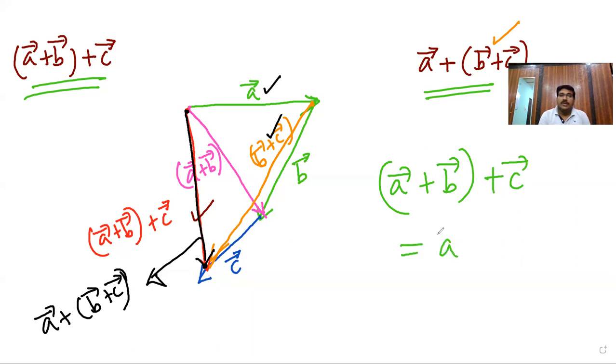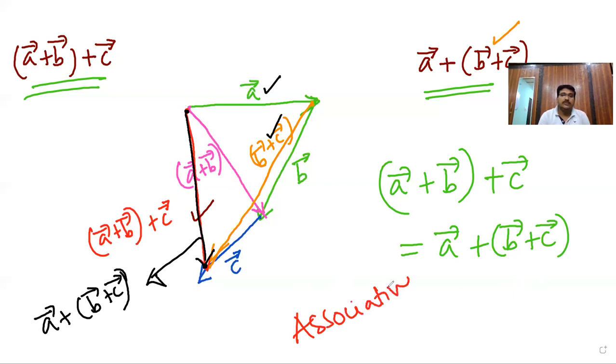Again, to the vector A bar, the summation of B bar plus C bar is added. It follows the associative law. Associative. Okay. So vector addition follows both the commutative law as well as the associative law.